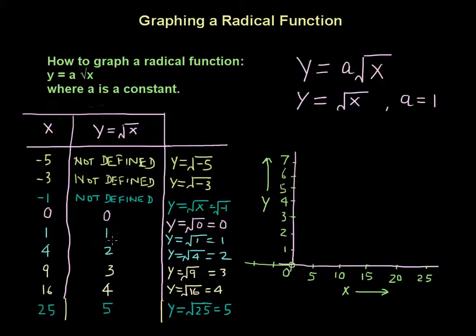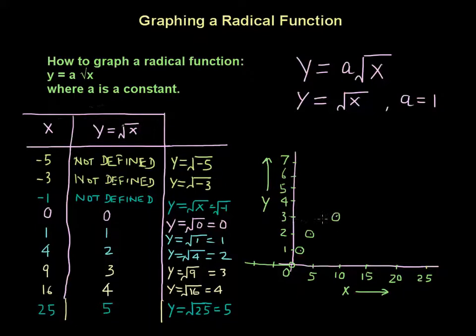So 1 is 1, approximately here. Let's draw a circle at this point. And for 4, 2: when x is 4, x is here somewhere, and y is 2 here. Then 9 to 3: 9 is somewhere here on x, go up and mark the point for 3.